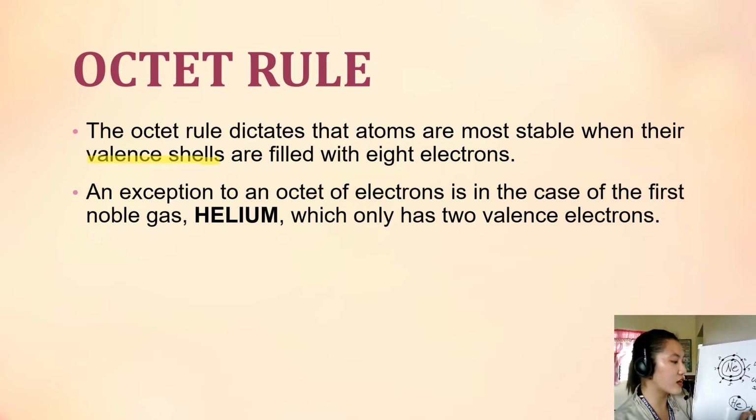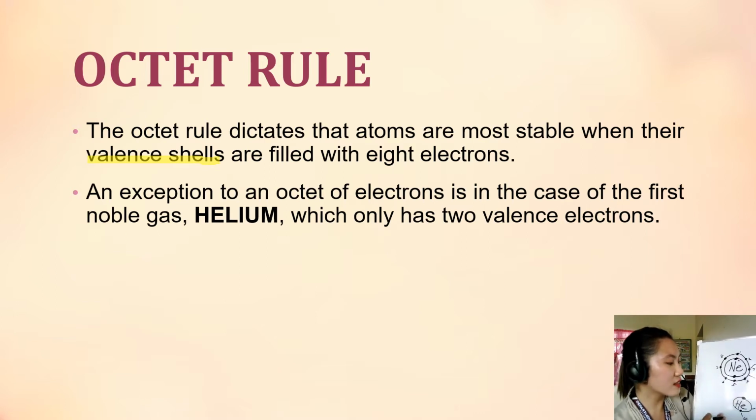So, ito na yung valence shell niya. Since ito lang naman yung shell niya, and then ito naman, yung dalawang electrons are what we call the valence electrons. Okay. So, that is how we illustrate helium.